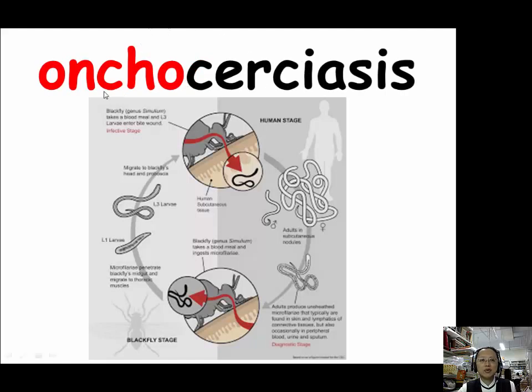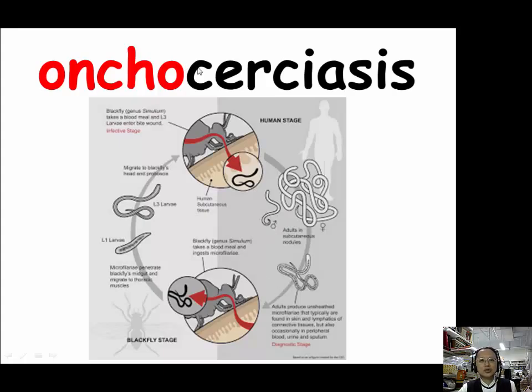And our example for oncho is onchocerciasis. Onchocerciasis refers to infections with nematodes of the genus Onchocerca. Human infection is caused by Onchocerca volvulus, with heavy infestations usually characterized by firm subcutaneous nodules called onchocercomas.